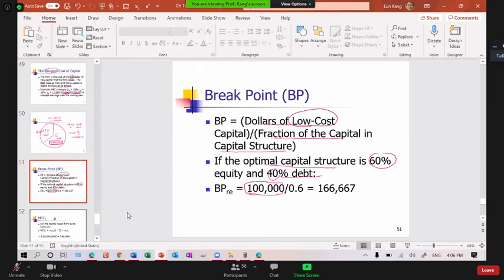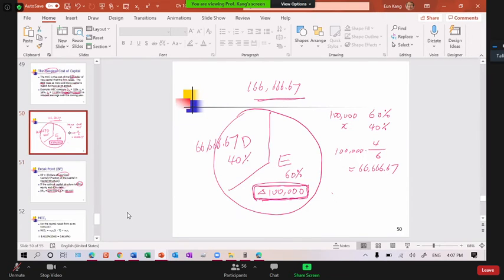Why is this a low cost capital? Because this is the cost of retained earnings, which is lower than the cost of new common stock. The cost of new common stock involves flotation cost. So that's why it's low cost capital. Divide by its weight, 0.6, then you get 166,667. That is exactly this.